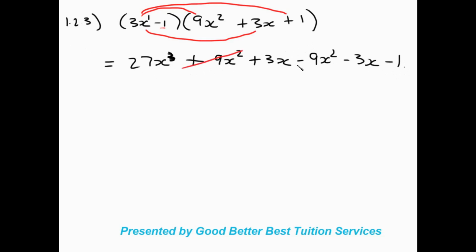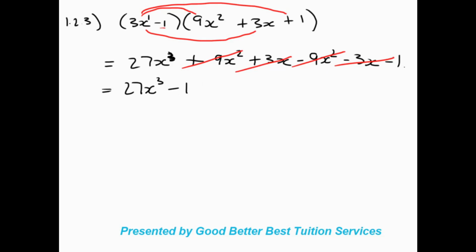We have a positive 9x squared and a negative 9x squared, which obviously cancel out. And a positive 3x and a negative 3x also cancel each other out. What we're left with then is 27x cubed minus 1. And that is the end of the solutions for question 1.